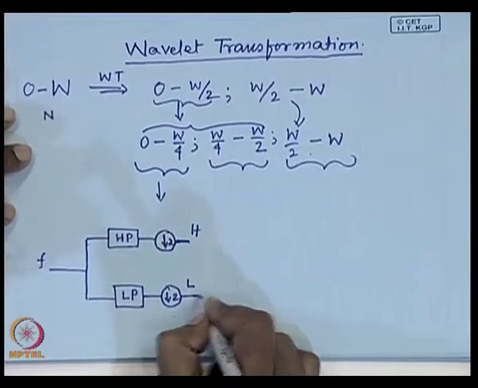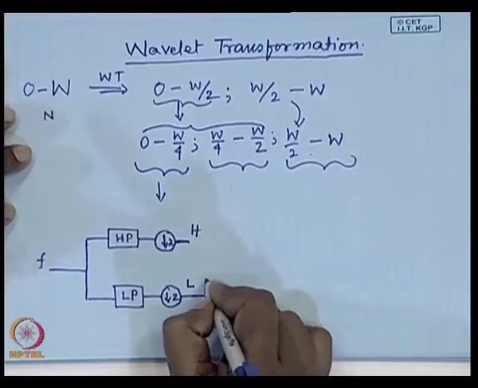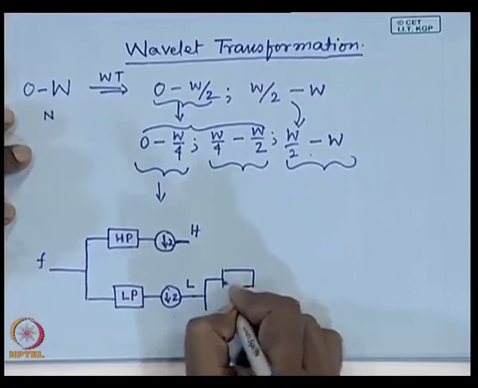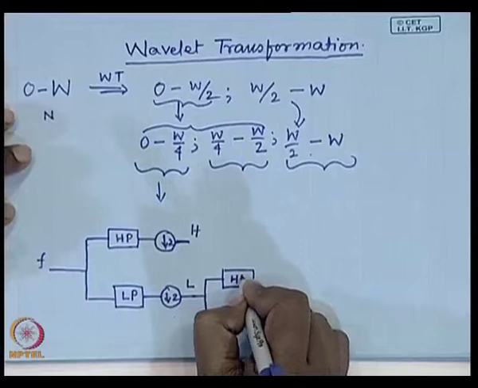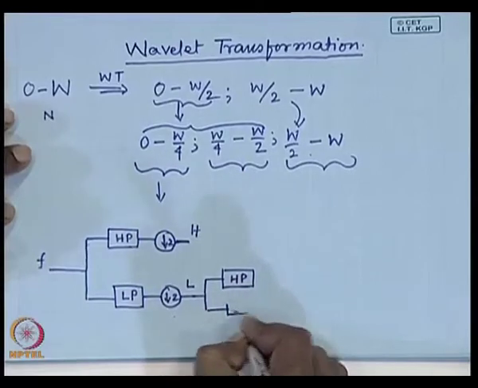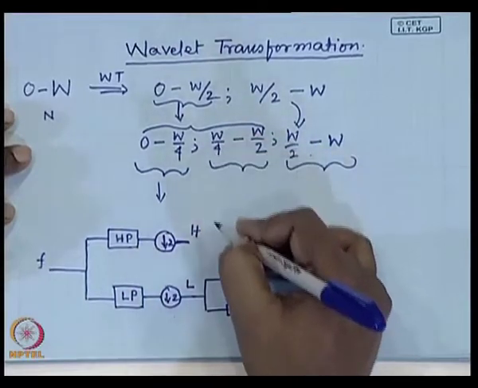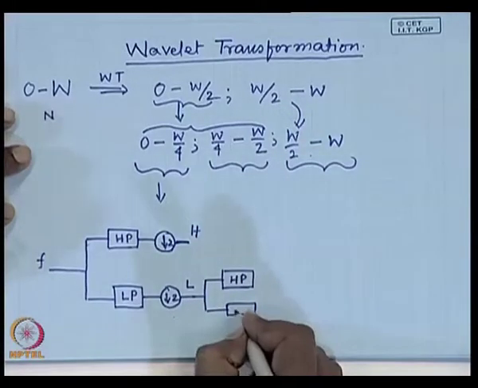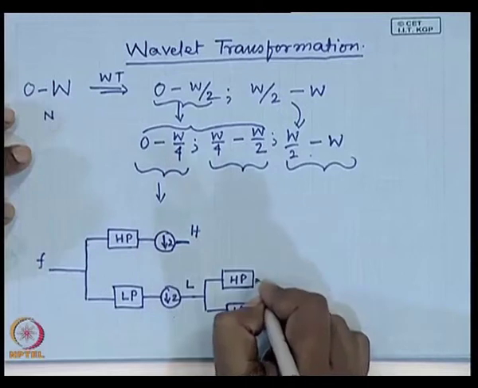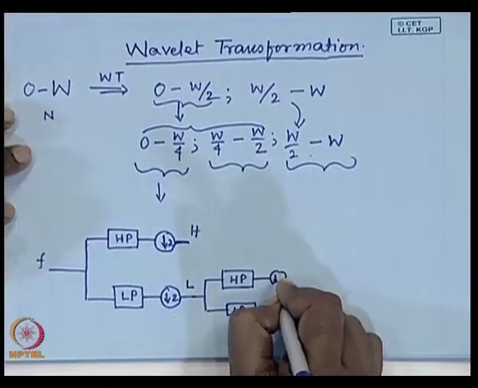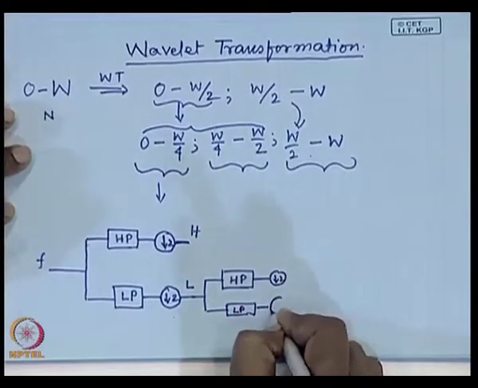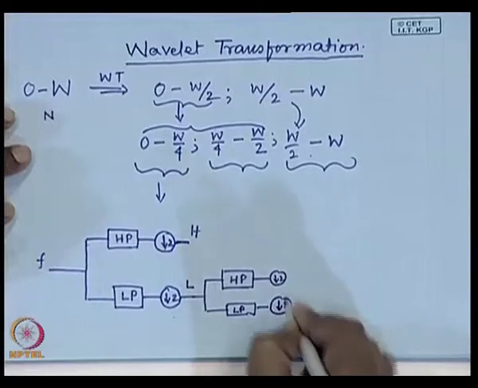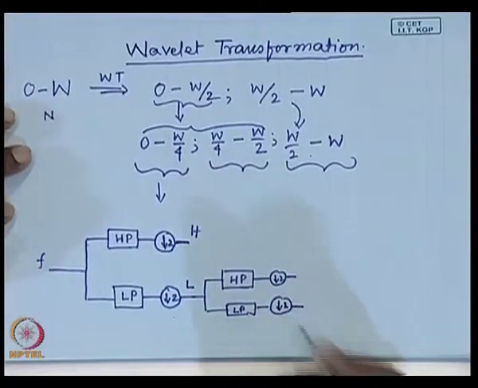Okay. Now, I apply the same filtering operation over here, a high pass filter over here, a low pass filter over here, because I am going to further subdivide the signal into different subbands. So, this is a low pass filter, and this will again be subsampled by a factor of 2, and this will again be subsampled by a factor of 2, so that your total number of samples remains the same.